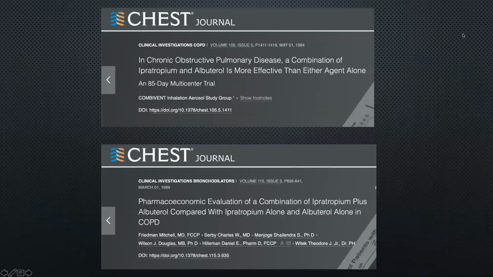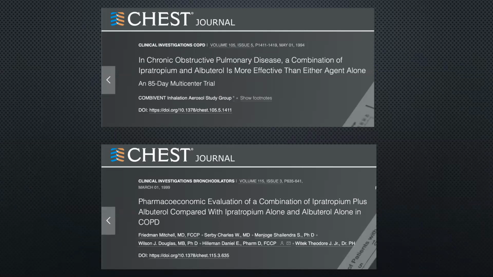All right, so these were in Chest journal, they're kind of old, in the 90s, and there's really nothing been done recently between short-acting beta agonist and short-acting muscarinic agonist. But there is some data to suggest that using a short-acting muscarinic agonist is better than using a short-acting beta, and using them together gives even fewer symptoms and fewer exacerbations.